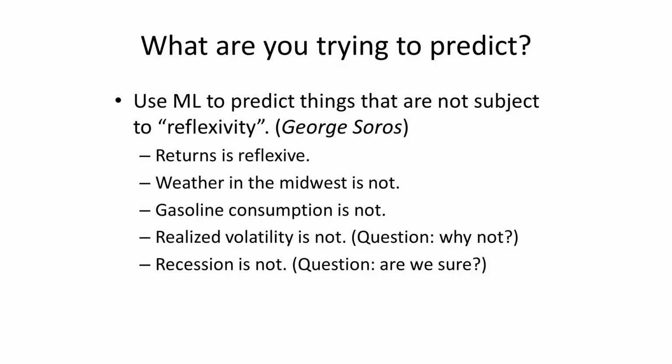It is to exceed the accuracy of traditional models. So therefore, that is a good application of machine learning. And finally, recession. Recession is arguably not reflexive, although some might argue they are.